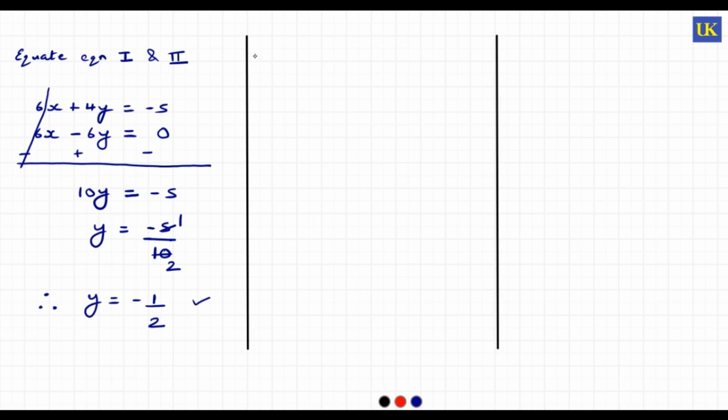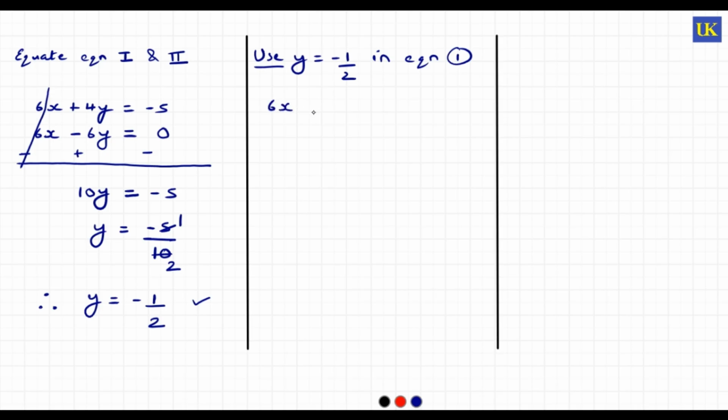Now what we will do is, we will use y is equal to minus 1 by 2 in either of the equations. I will just substitute in equation 1, the first one.